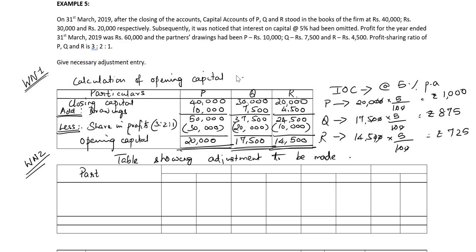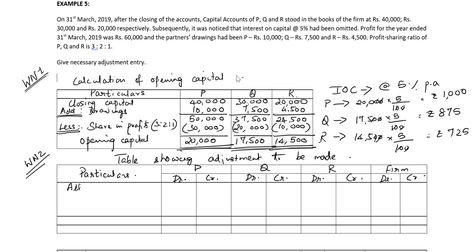Particulars: P divided into debit and credit. Q again divided into debit and credit. R divided into debit and credit. And the final column is for the firm, divided into debit and credit.